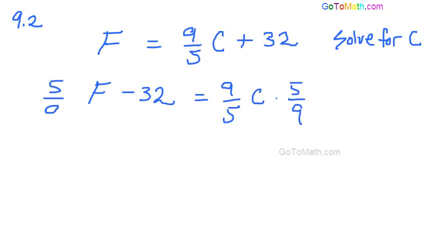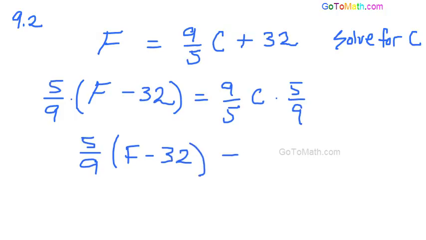Let's put parentheses around that. So we end up with 5/9 times F minus 32 is equal to, see the 5's cancel, 9's cancel, and you're left with C.